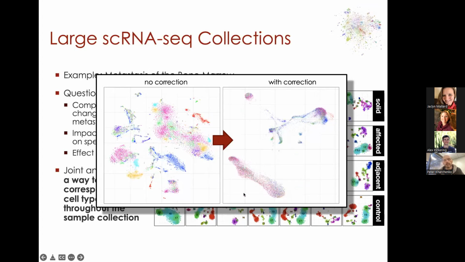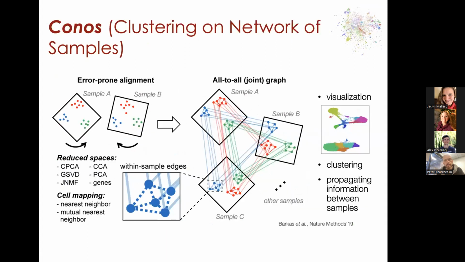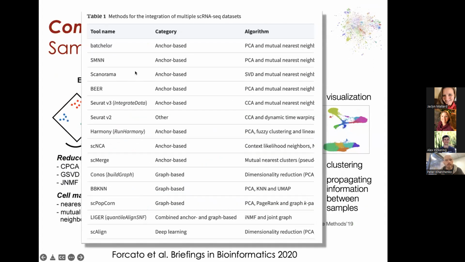That will allow you to find the corresponding subpopulations between different data sets. With multi-sample experimental designs, that's a very important step. There are many ways of doing this. I think Seurat aligner and Harmony are probably among the most popular ones.